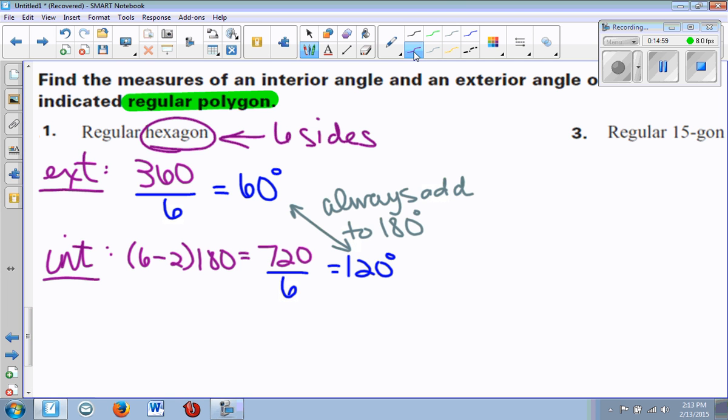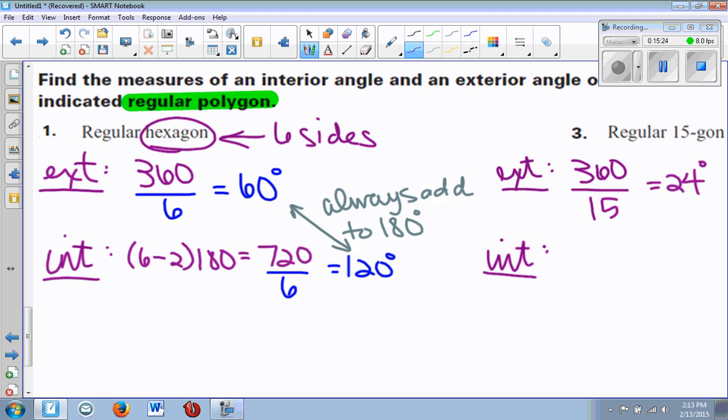We're going to do this exact same thing for the next problem, except that we've got 15 sides, which means 15 angles. So exteriors, we know that they add to 360, and we know we're going to split that 15 ways. Doing that gives me one exterior angle of 24 degrees. Interior, the first thing we'd need to figure out is, what do they all add up to?